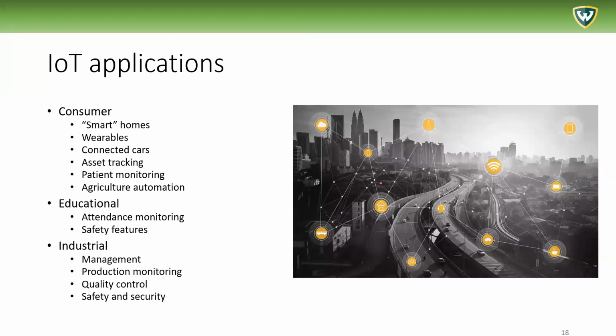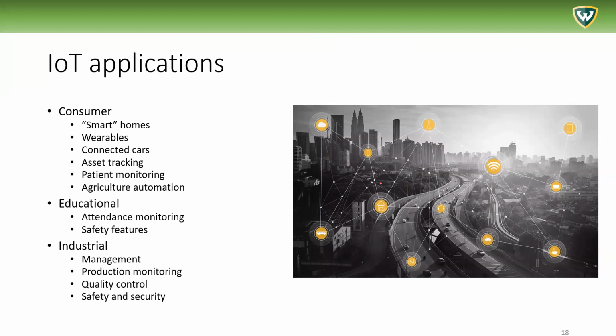Connected cars, asset tracking, patient monitoring, agricultural automation. There are applications in the educational sector, such as attendance monitoring. The idea is you may have just cameras, and the cameras can count the students without anybody needing to count them.